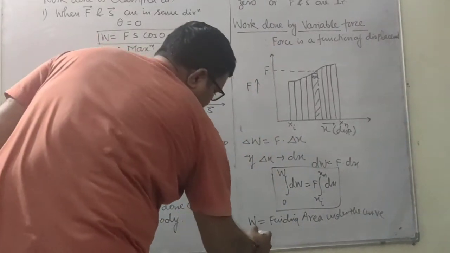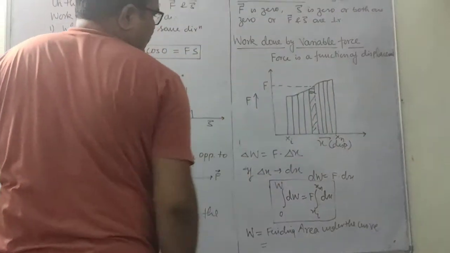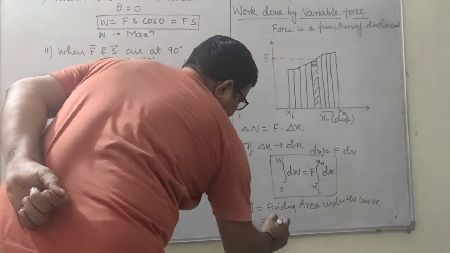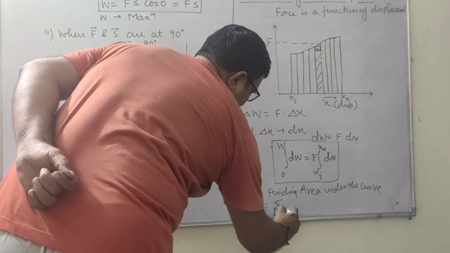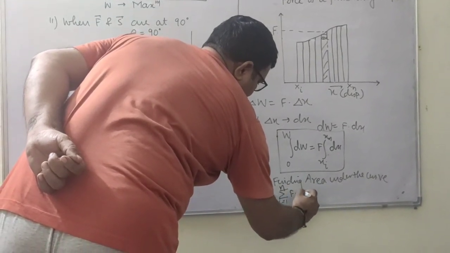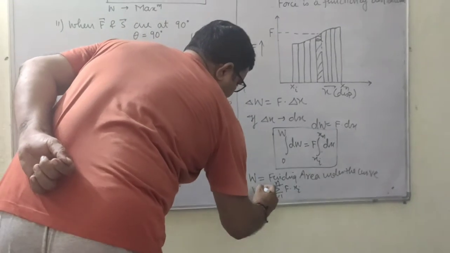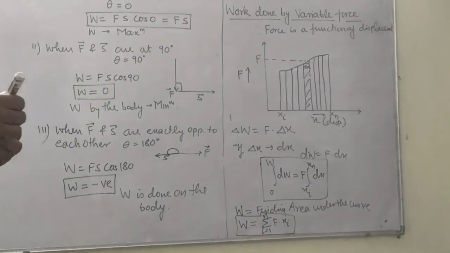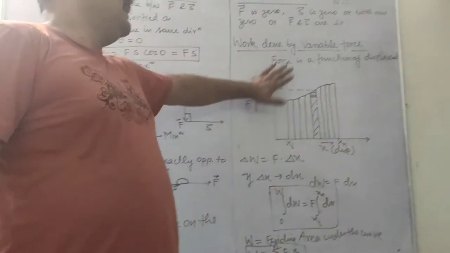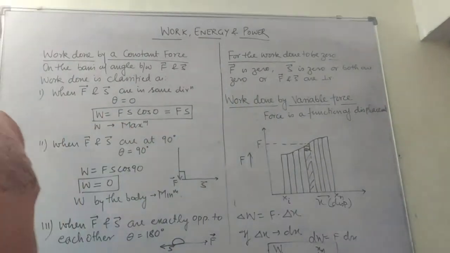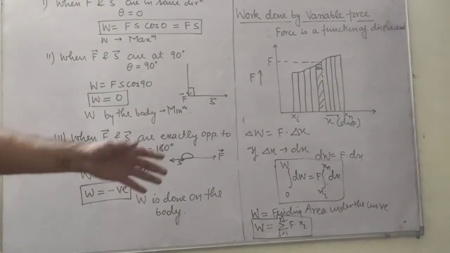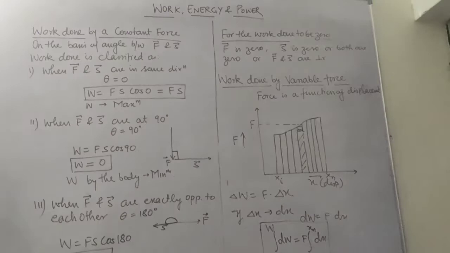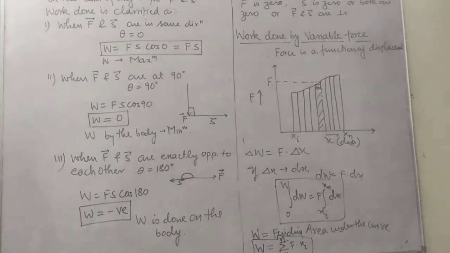That is, if there are n blocks, work done is given by the summation, i from 1 to n, of F into xi. This is the total work done in case of variable force. This part is only conceptual, that is not in your course. I have discussed it here because you might come across some numericals in your book. Next we will discuss conservative forces.